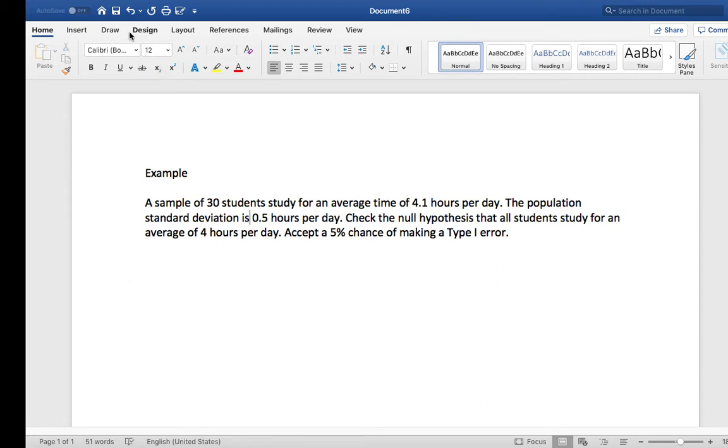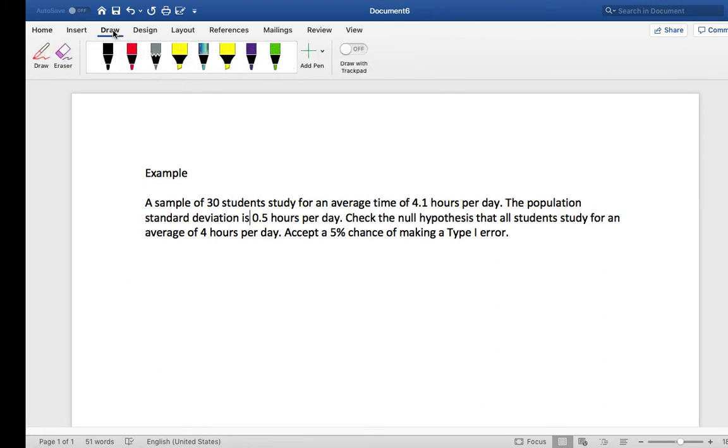What we'll do is we'll start drawing it out so we can get a visual of what's going on. So basically we have the population of students, and what information are we given? We're told that they have a sample of students. In fact, this is your sample right here.